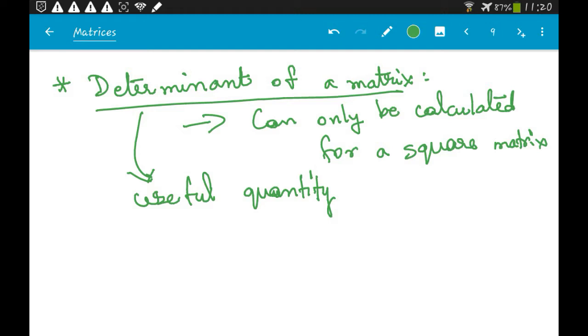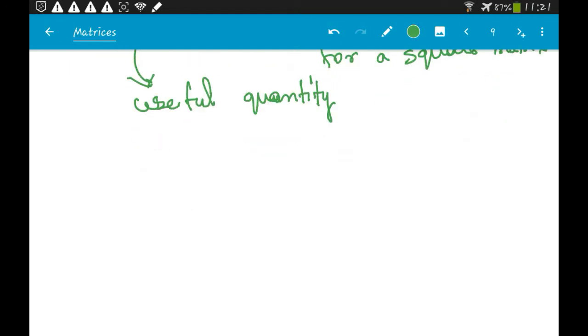So the determinant is something that you can calculate. Let's see how to calculate this. I have already told you that it can only be calculated for a square matrix. So consider a square matrix A equal to [a, b; c, d]. Why is this a square matrix?